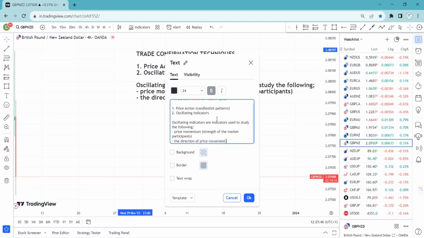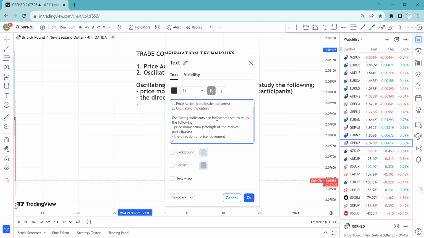Now, please just follow me. I'm going to do my best to explain it in the very easy and best possible way that anyone and everyone would understand, right? So number one, I said price momentum. Number two, I said price direction, that's direction of price movement in the market, all right?